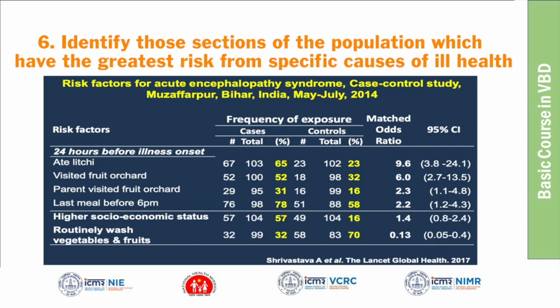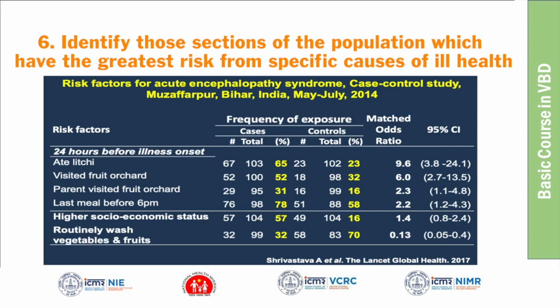We have evidence which is convincing, which has its basis in science, to identify specific sections who are at greatest risk through a particular risk factor that results in ill health. For example, the table shows the encephalopathy syndrome, which every summer is causing children to die in Muzaffarpur in Bihar.